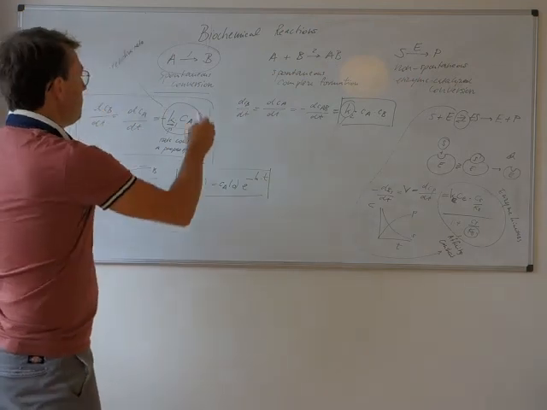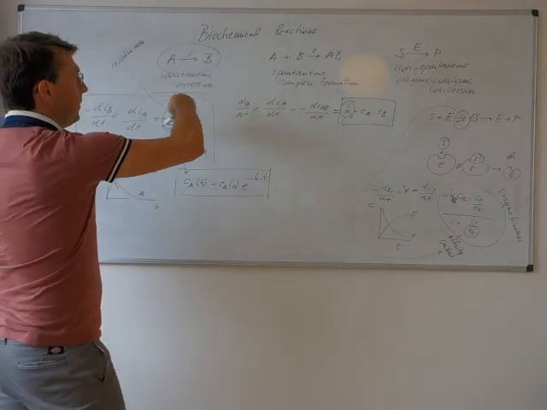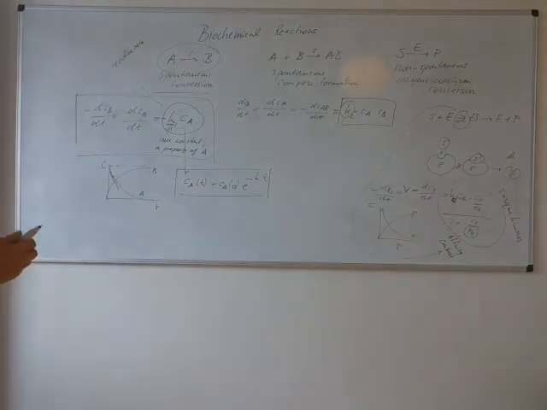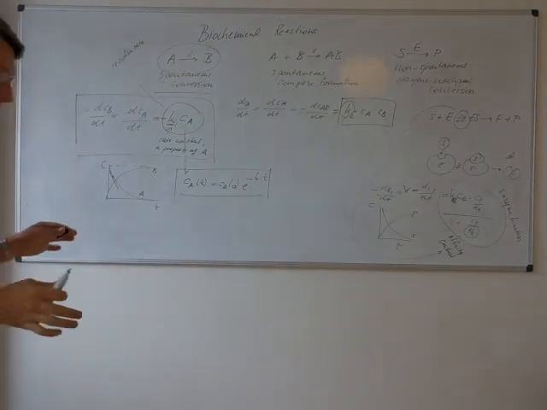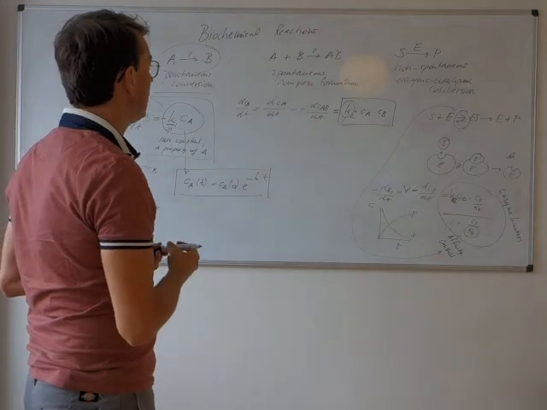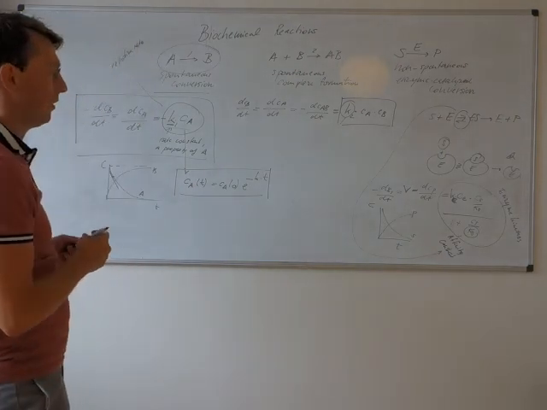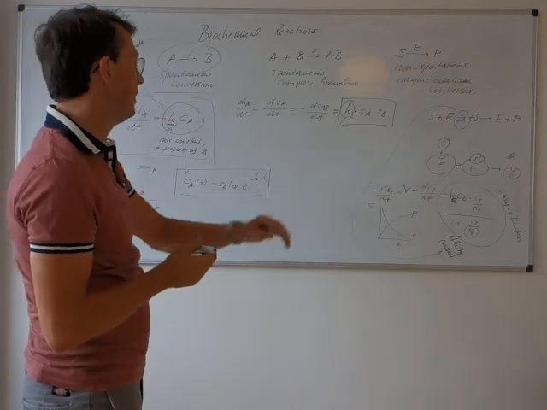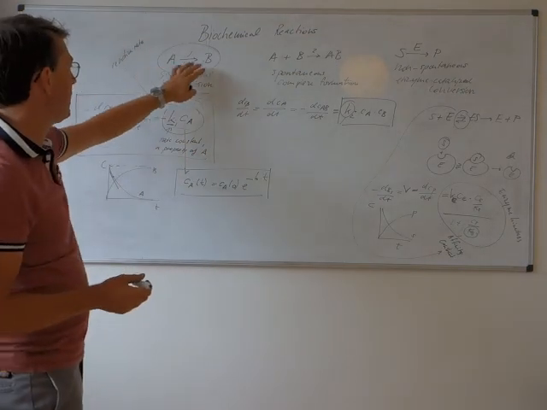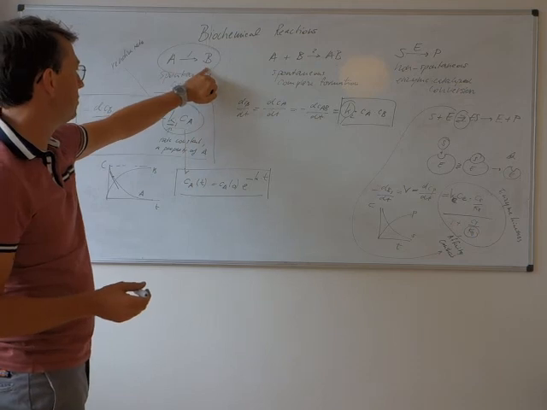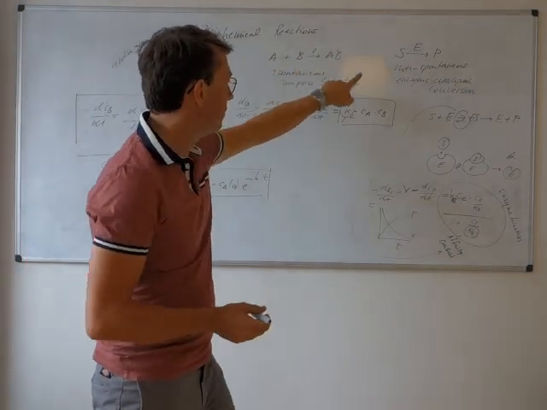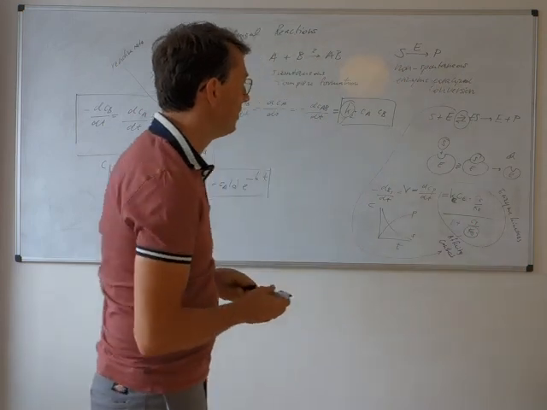Okay, so we have spontaneous conversion. We have the spontaneous complex formation, and we have enzyme catalyzed conversion. So these are basically the key classes of biochemical reactions that occur in networks. And each of them leads to changes in concentrations of the reactants. So A is a substrate and B is a product, and they're both reactants.